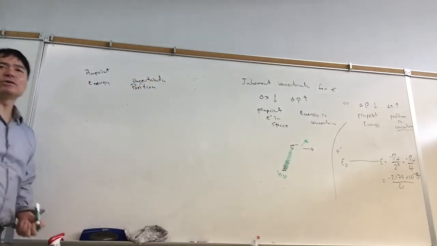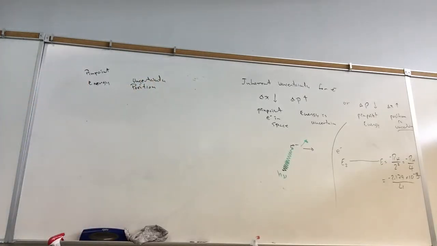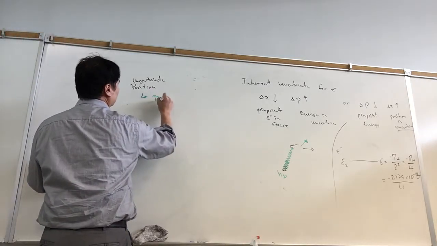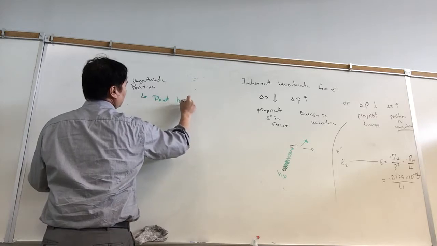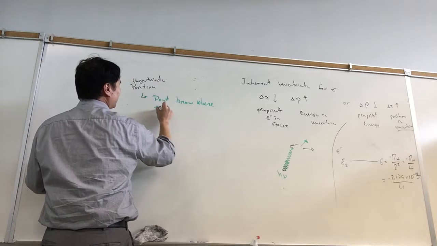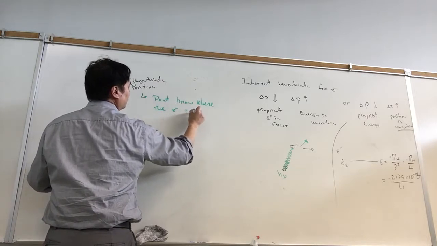And so, are you going to know exactly where that electron is? No. You don't know exactly where the electron is. And so we don't know where the electron is with certainty.